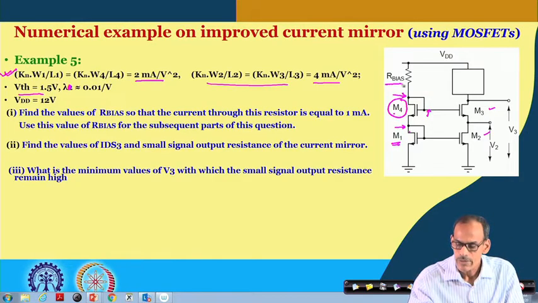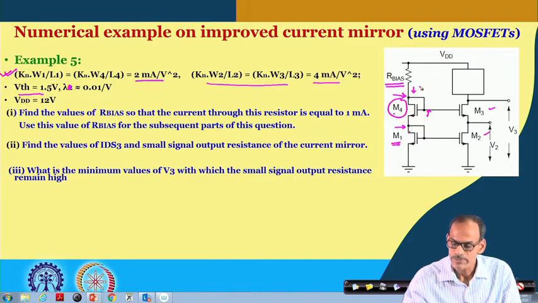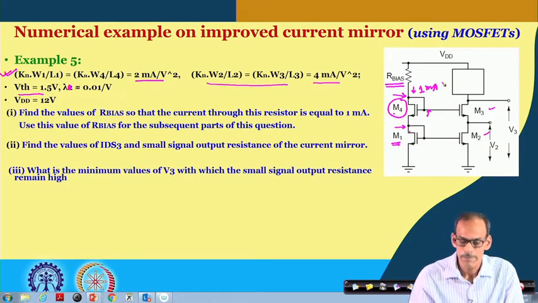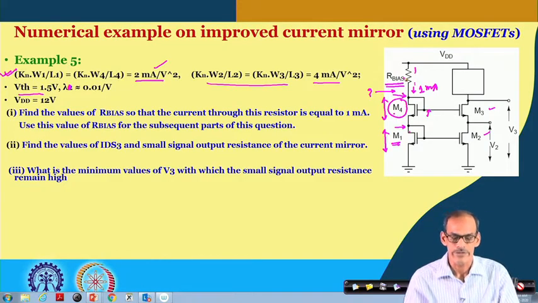So, we can try to calculate what may be this bias resistor, so that the current flow here is 1 milliampere. So, how do you find that? If I know this current is 1 milliampere, probably from this dimension we can find what is the corresponding VGS required, and then from that we can find what will be the voltage here, and then we can see what is the drop here, and from that we can calculate R bias.